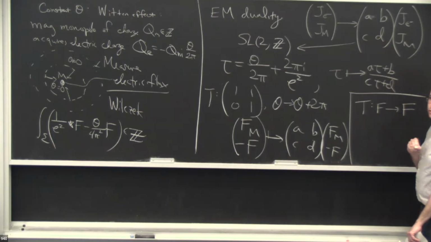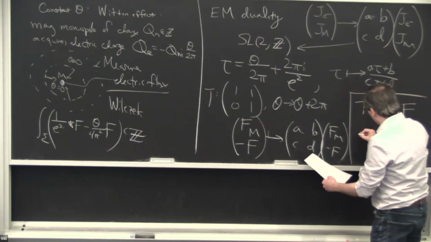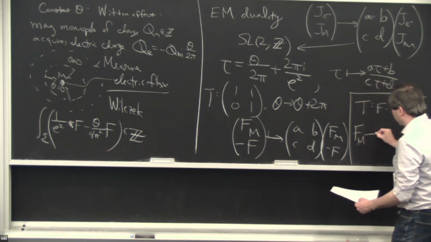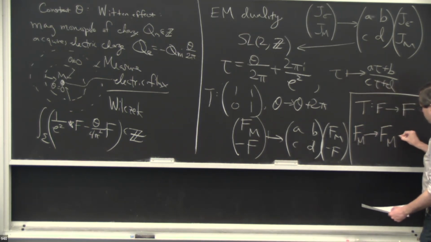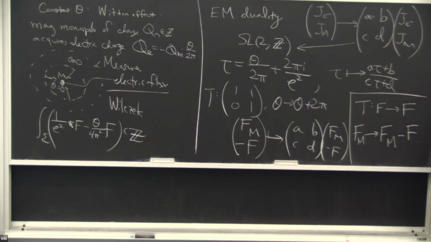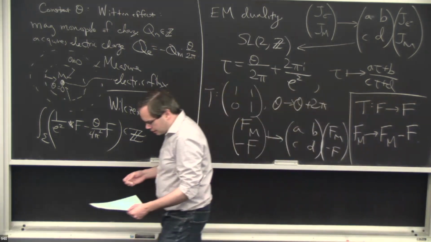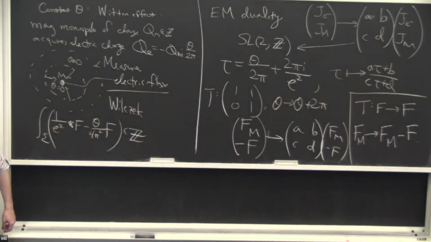It doesn't touch my usual photon. F goes to F. But it does touch my magnetic photon. Magnetic photon goes to magnetic minus electric. Okay. And F_M here is not tilde F.